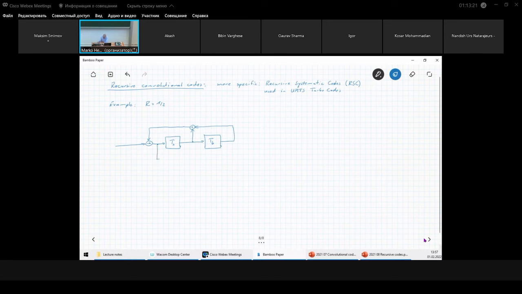This should be my output, AR2, actually the second output. The first output, as we are talking about systematic codes, will be the same as the input, directly the first output.